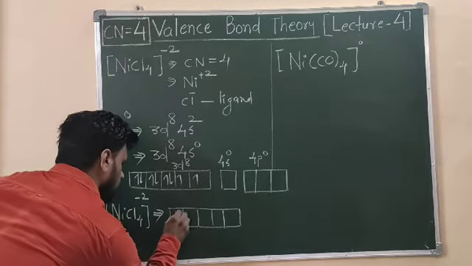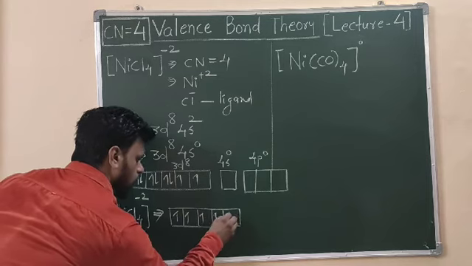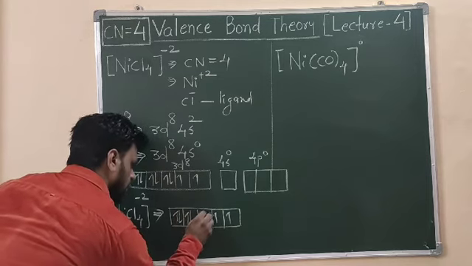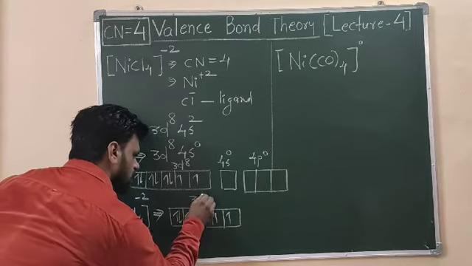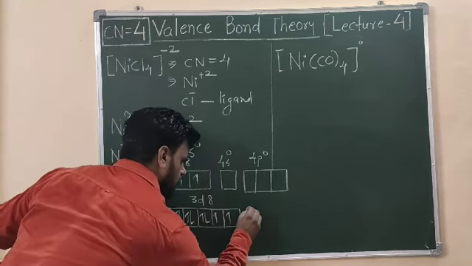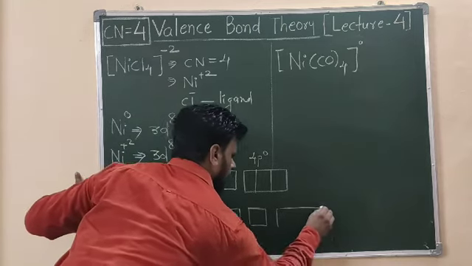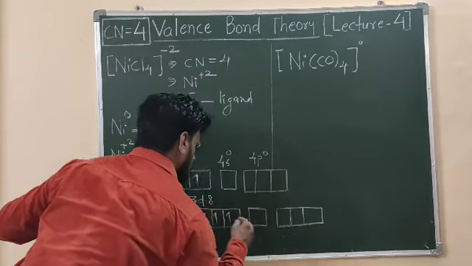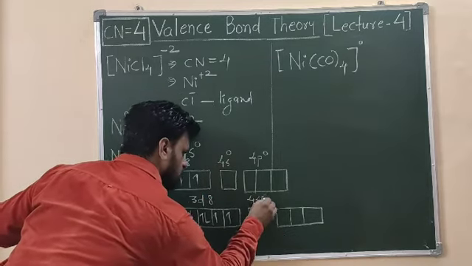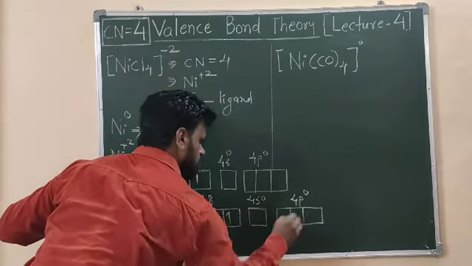This is my 3d8 system, and this is the 4s and 4p orbital of the metal, 4s0 and 4p0.